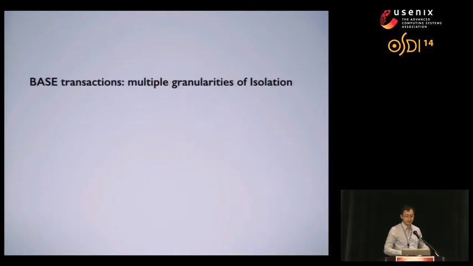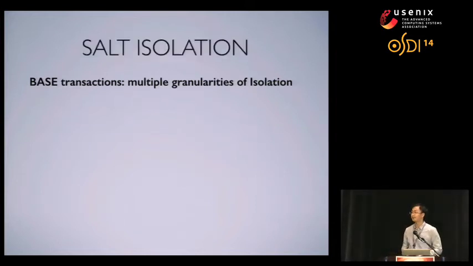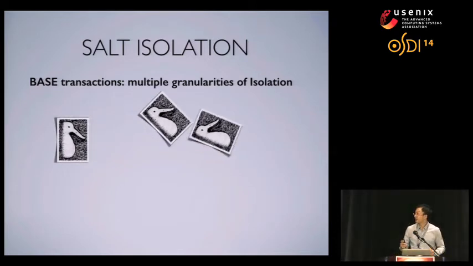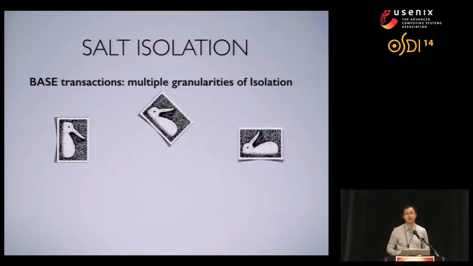The key reason why base transactions can provide these multiple granularities of isolation, exposing different granularities to ACID and base transactions, is a new isolation property we call SALT isolation. SALT isolation creates an illusion just like this image. If you tilt your head to the left, it looks like a duck. If you tilt your head to the right, it looks like a rabbit.